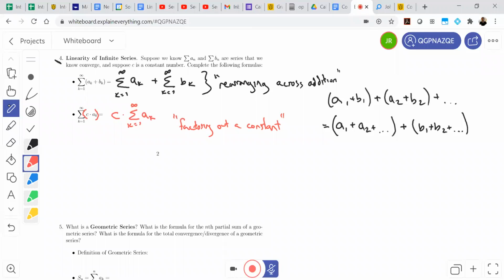So again, on the left-hand side, it's c times a sub 1 plus c times a sub 2 plus c times a sub 3 plus ..., and then on the right-hand side we're simply factoring out that c so that it becomes c times the sum a sub 1 plus a sub 2 plus dot, dot, dot.